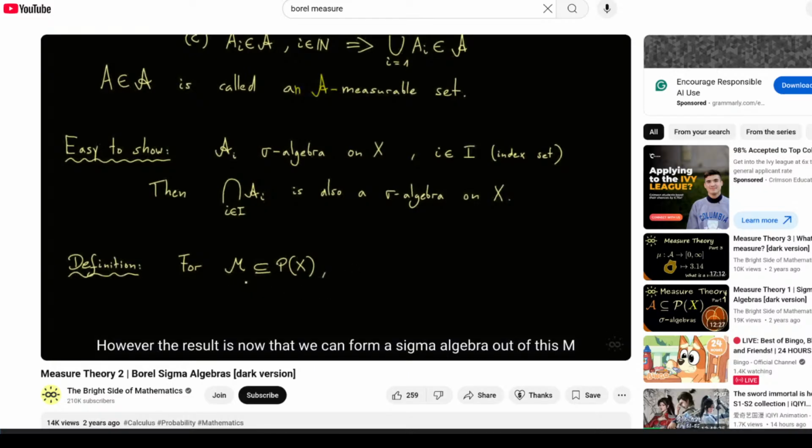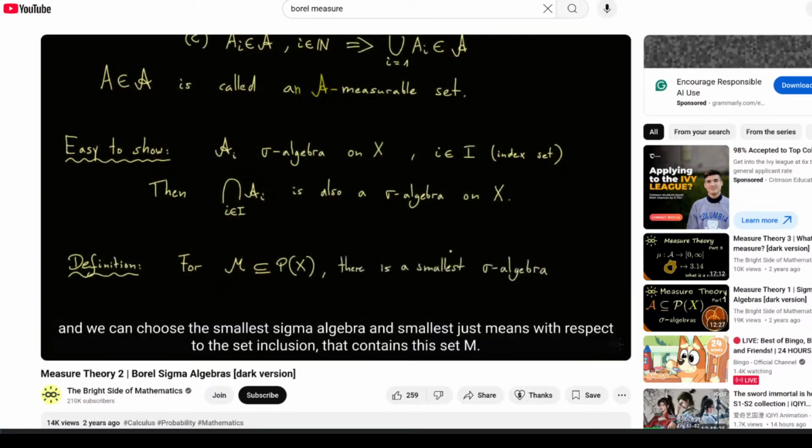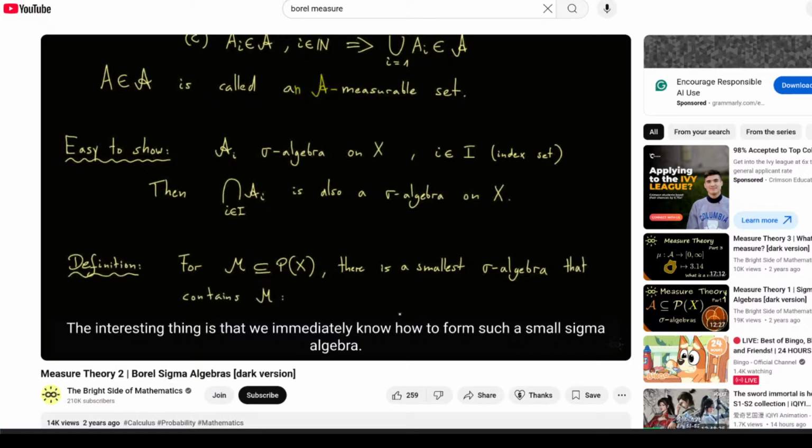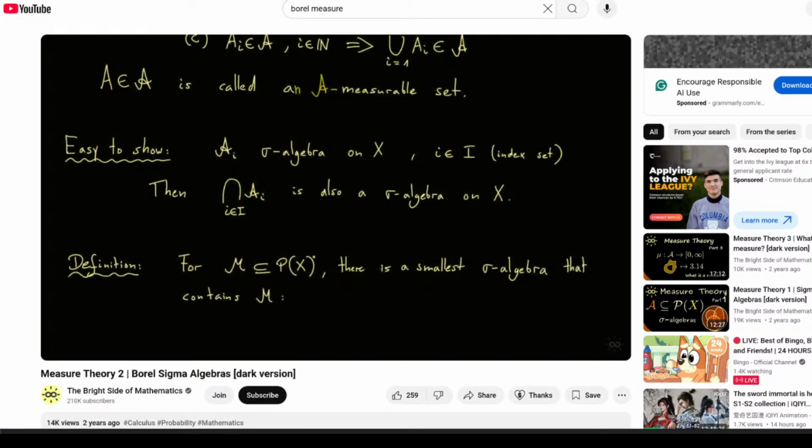However, the result is now that we can form a sigma algebra out of this M. And we can choose the smallest sigma algebra, and smallest just means with respect to the set inclusion, that contains the set M. The interesting thing is that we immediately know how to form such a smallest sigma algebra. We just look at the intersection again.